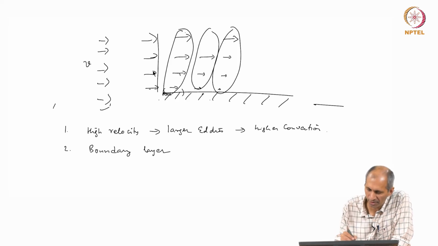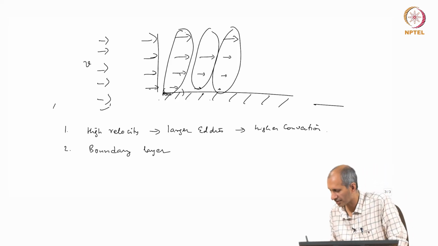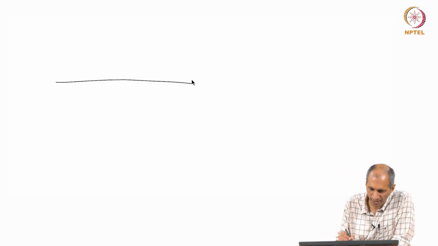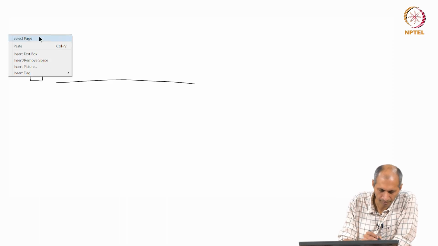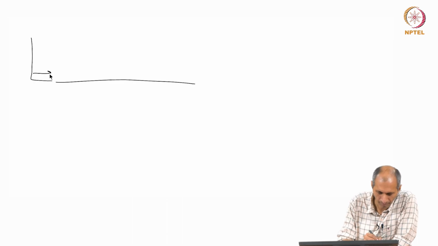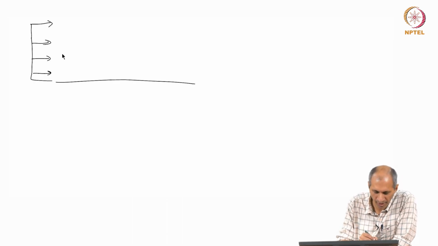So, if I plot the velocity profile for this kind of system, the velocity profile is flat as it enters. They are all the same, but the moment it hits the surface, what we see is the first one reduces a little bit, but the rest of them are all the same.